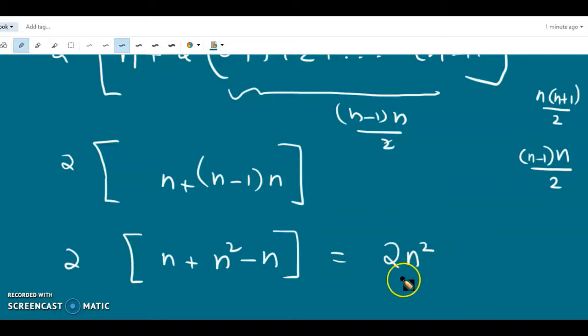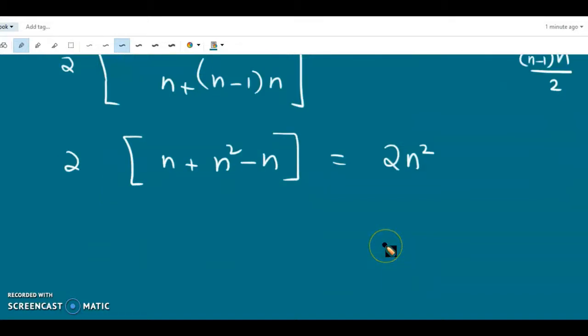So the degree of degeneracy for a state having principal quantum number n is given by 2n square.